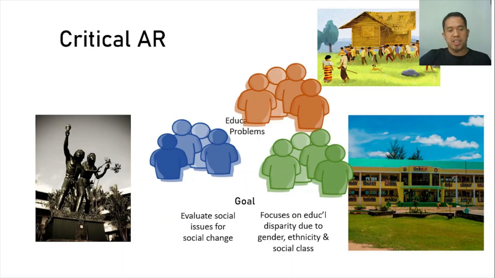If it is access to education and there is limited access because of gender, that either male or female have limited access to education, the study should criticize why this disparity occurs, and at the end of the study, this should address this disparity so that either male or female or both genders should have equal access to education. That's for critical action research.